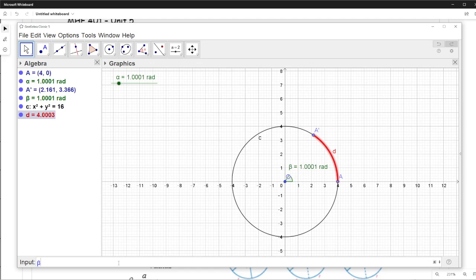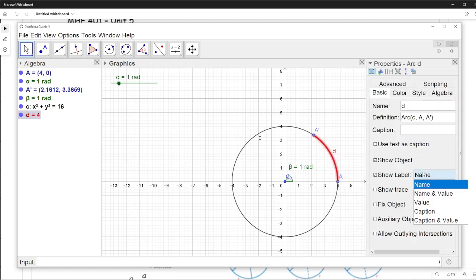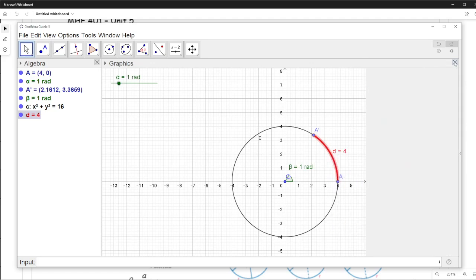Now if I actually specify that beta is 1 rad, alpha is 1 rad, right? I don't know what I just did. Let me just undo that for a sec. Sorry. Alpha is. Okay, so if I make it exactly 1 rad, look at the value of my arc. My arc has taken on a value of exactly 4. And this is the important idea with a radian.